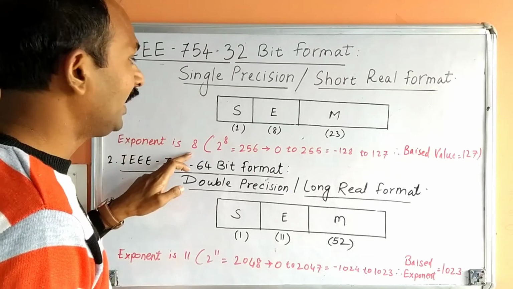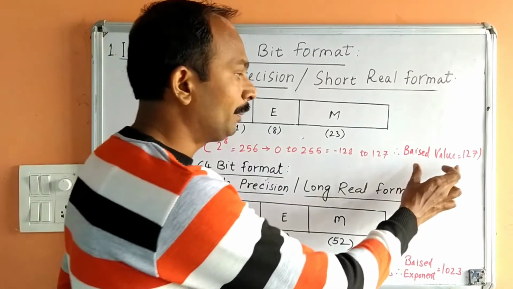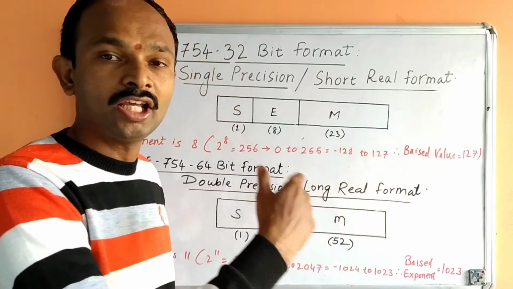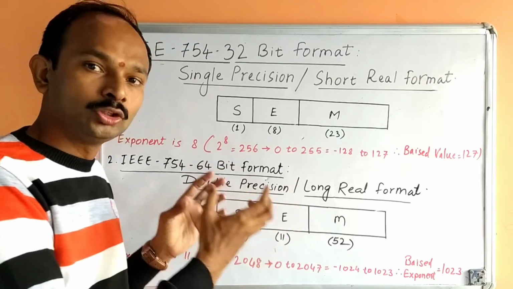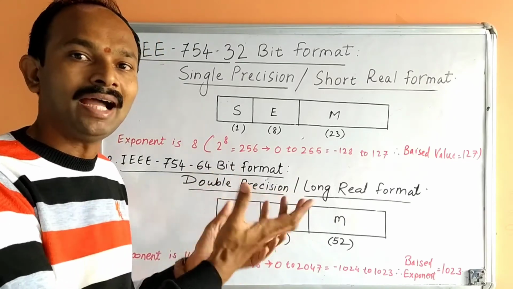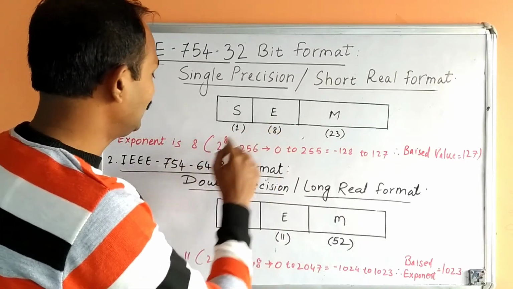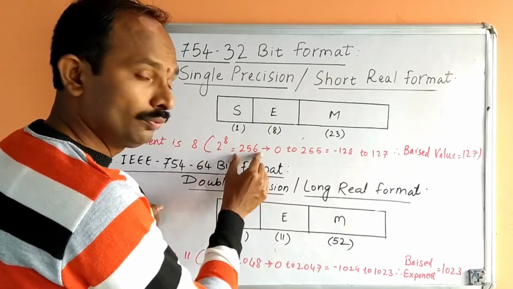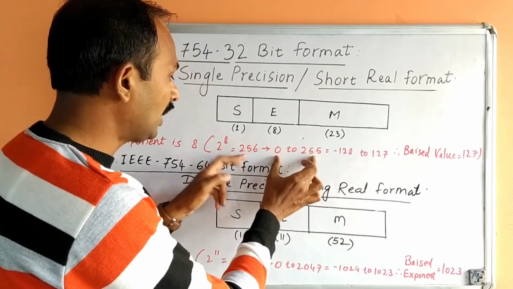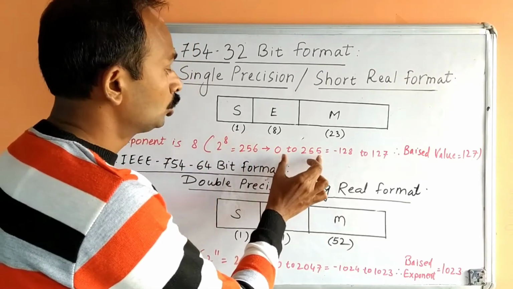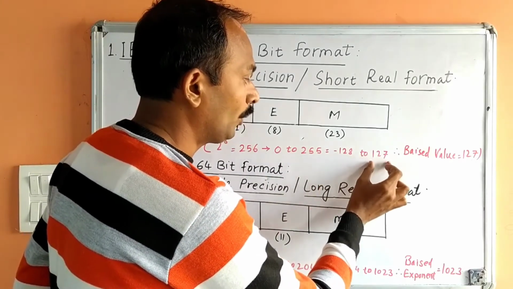Next, the exponent here is 8 bits. So here we are calculating the bias value that we will need while we are solving the numericals for these floating point numbers. So just as of now, understand what is meant by the bias value and how it comes. Here the exponent is 8, 2 raised to 8 becomes 256, so the values 0 to 255 are in the range. 0 to 255 means minus 128 to 127.